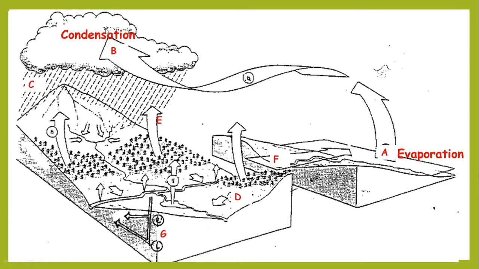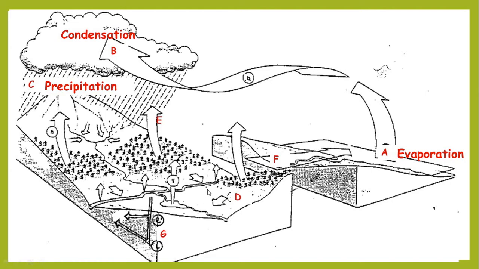As condensation continues, eventually all of that water vapour will fall as rain, hail, sleet or snow, any moisture coming out of the sky, we call that precipitation. Now, we talked about last lesson, once the precipitation reaches the soil, one of two things can happen. If it is porous, it will soak in by infiltration, and then the process at G will kick off.